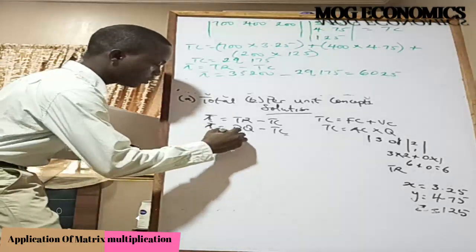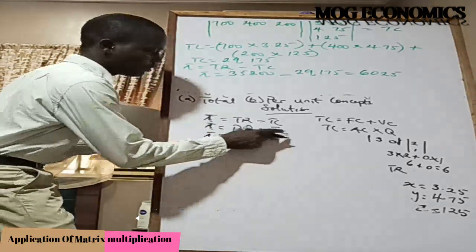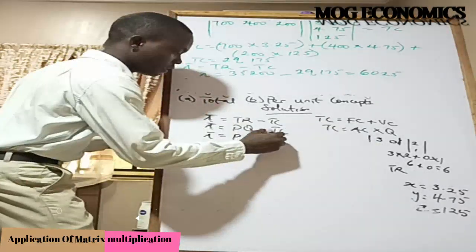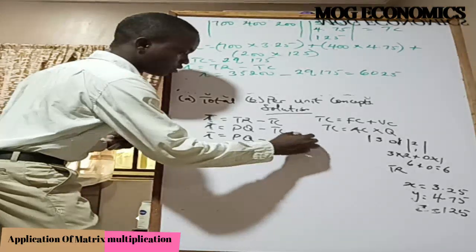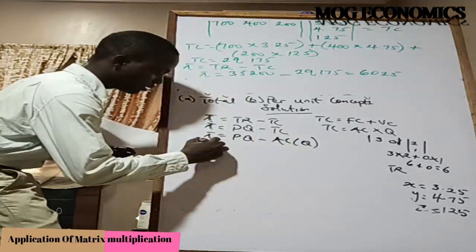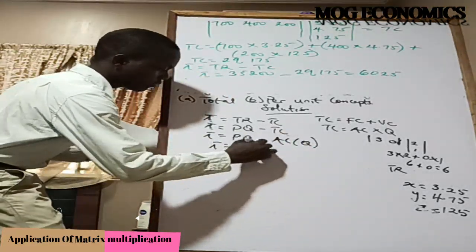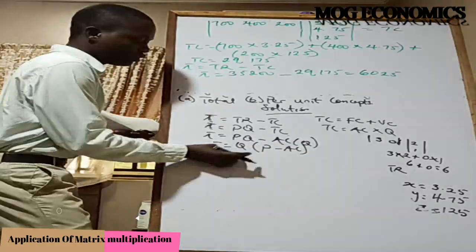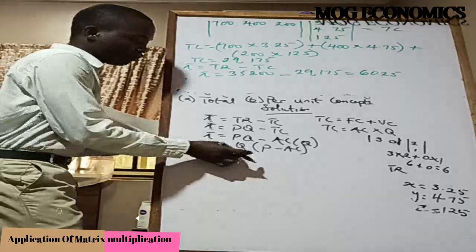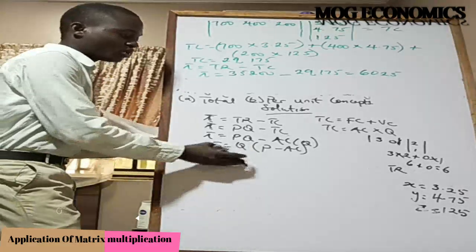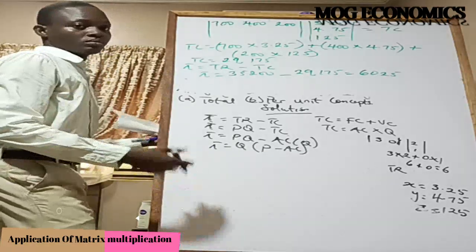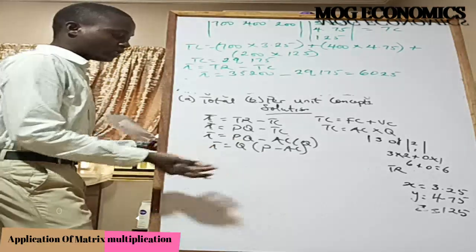Profit is still the same as PQ minus, since we have cost per unit in the equation, which is the average cost, so we use AC multiplied by Q. Q is common to both sides, so we take Q out, and then we have P minus AC. This is what is meant by the per unit concept. That is, we find our Q, and then we multiply it by the difference between your price and your average cost.